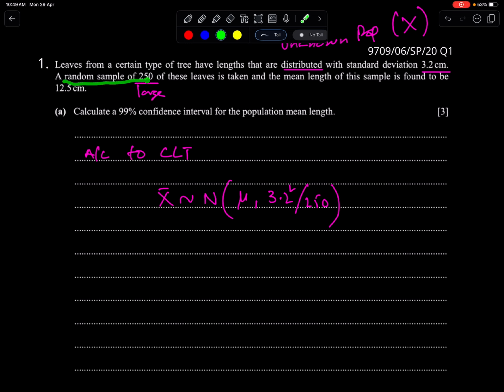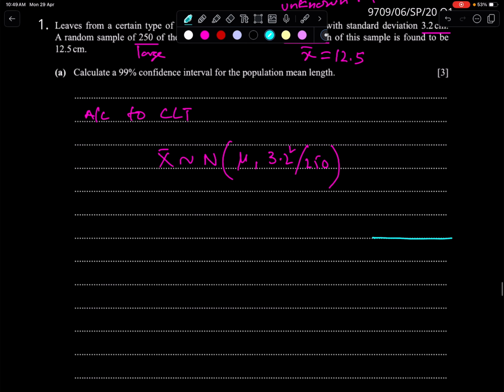A random sample of 250 of these leaves is taken and the mean length, that is x bar, the sample mean, is found to be 12.5. So x bar is 12.5. Now we have to construct a 99% confidence interval. 99% means this area is 0.5% and this is also 0.5%.